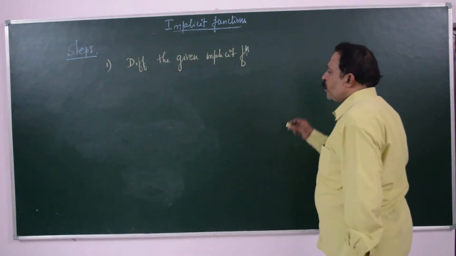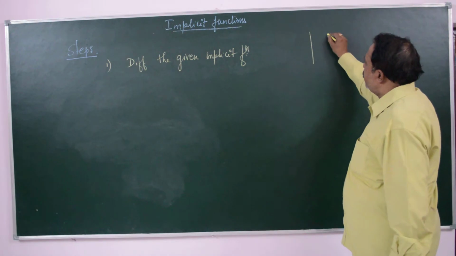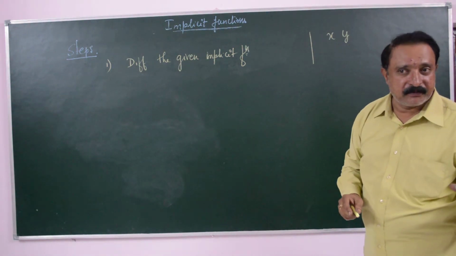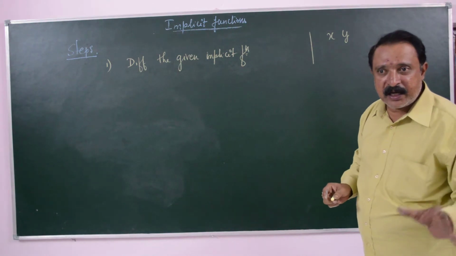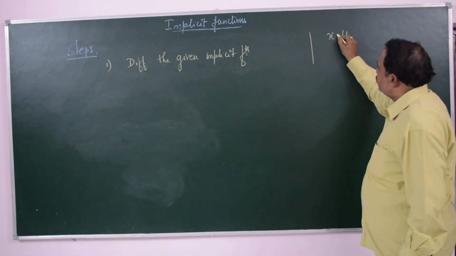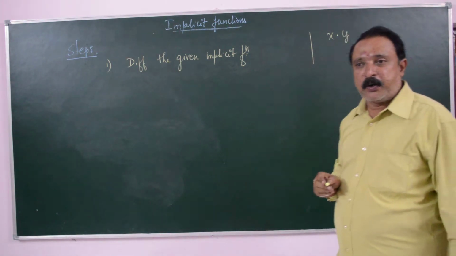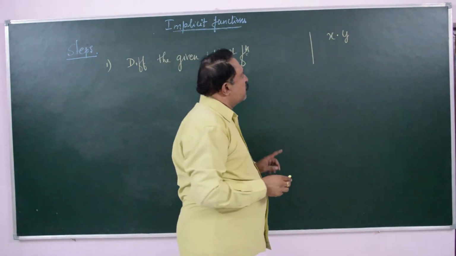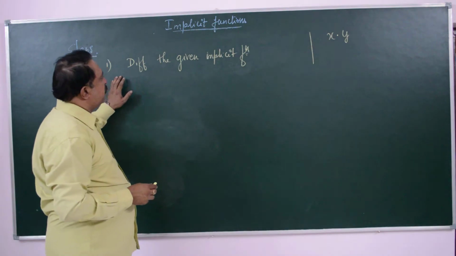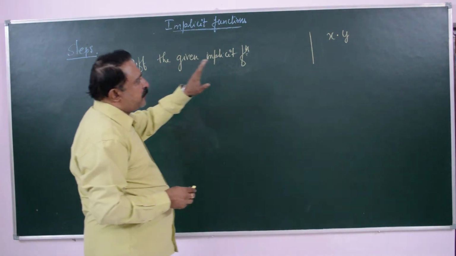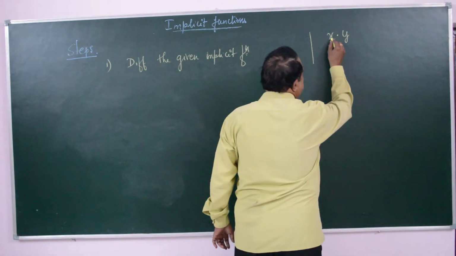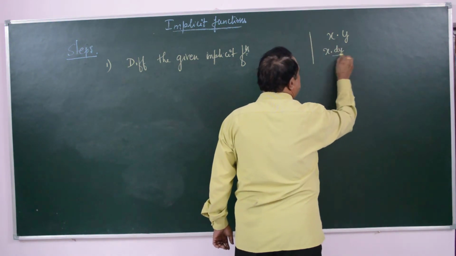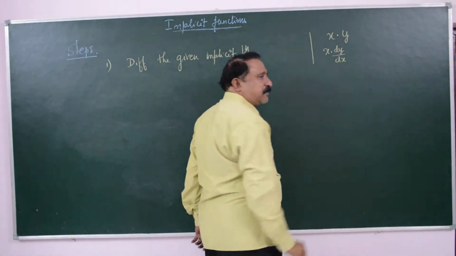Now here you should note that in an implicit function, the xy term is together. They are not separated. So to differentiate xy, we have to use product rule because x is one function, y is another function. So usually in the differentiation of implicit function, we always get the xy term and it is differentiated like this: first function into differential coefficient of second function.